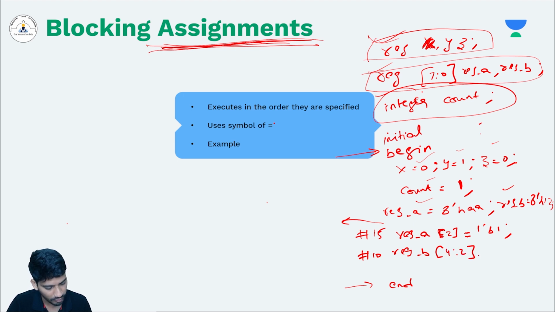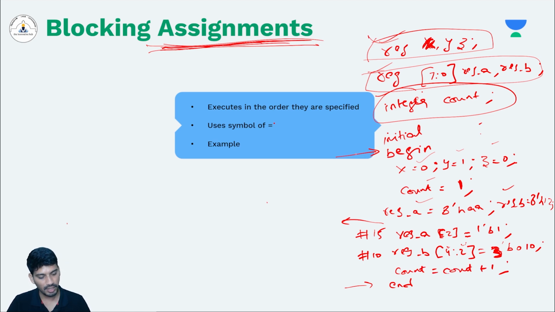I'm selecting part of the vector, 4 down to 2, and assigning it a 3-bit value, for bits 4, 3, 2, of 3'b010. After this, I want count is equal to count plus 1 without any delay.